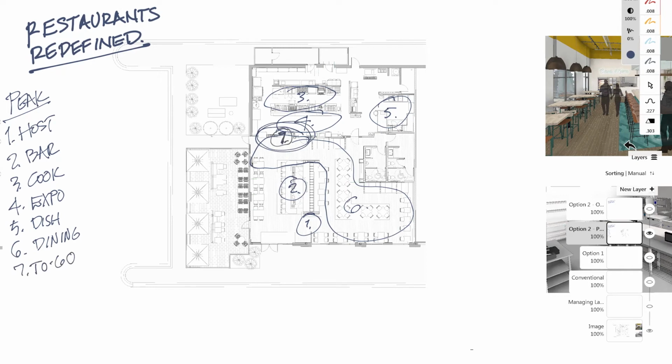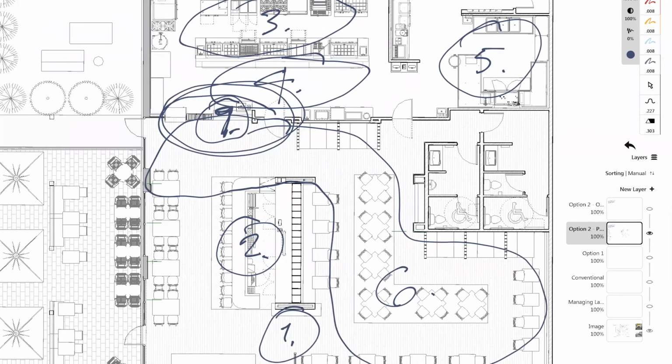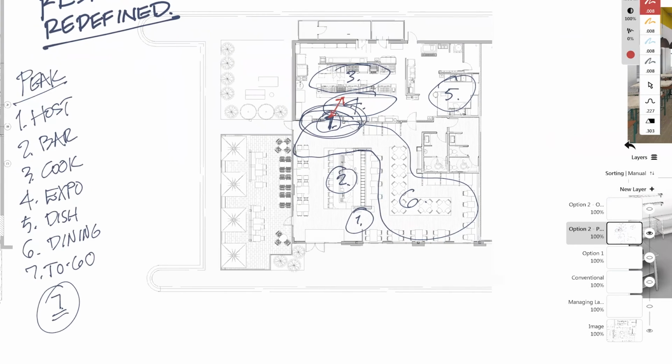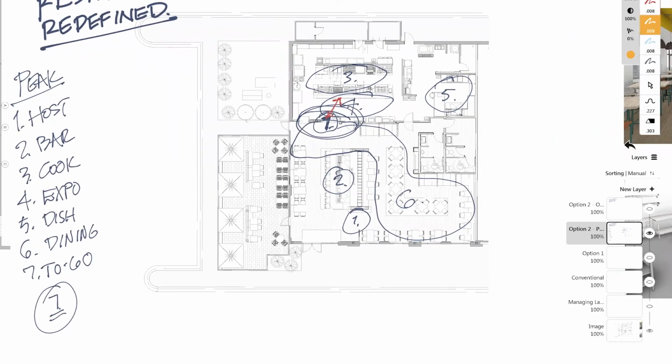So at peak hours in our new Restaurants Redefined, we've got 7 labor centers. And the key here is that the kitchen, expo, and to-go area are right next to one another. And we'll look at that even closer when we look at this during off-peak.